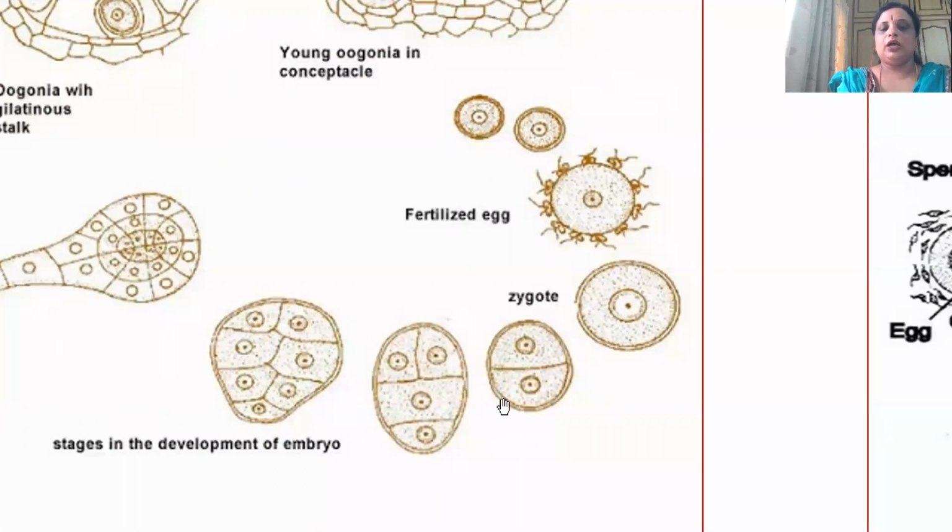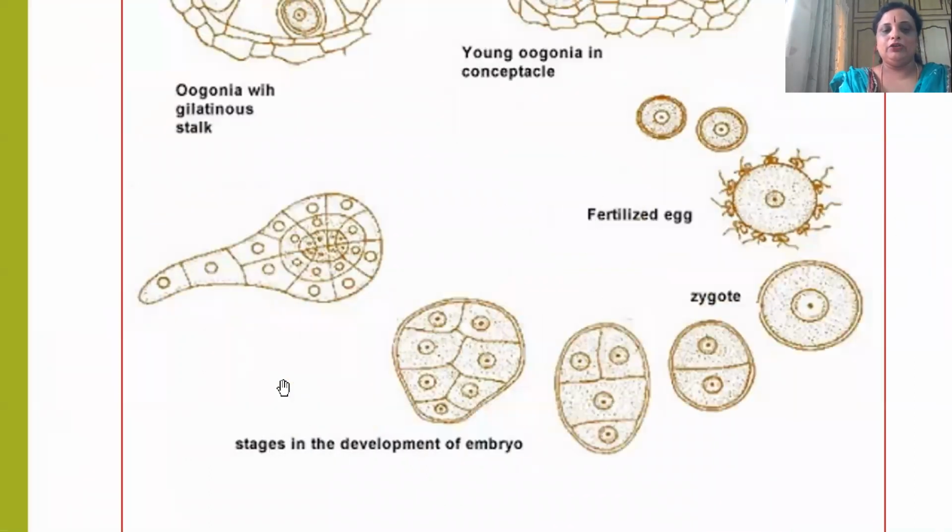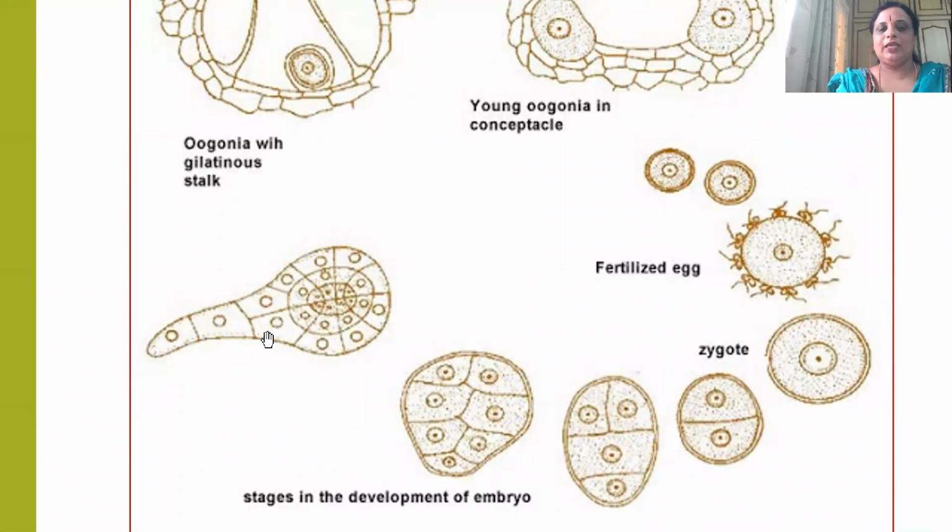This zygote undergoes one transverse division, into the upper cell and the lower cell. If that particular Sargassum is attached to the substratum, the lower cell develops into the attachment disc. The upper cell undergoes many anticlinal and periclinal divisions to form a mass of cells, which undergoes a process of differentiation, leading to the development of the entire thallus.